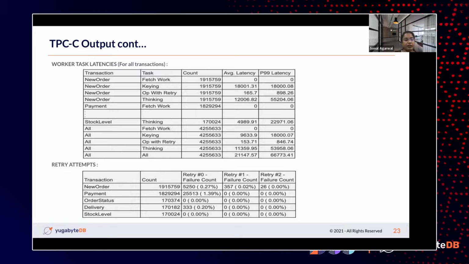So the last thing is the retry. We have seen that we display the transaction failure count and everything. We actually retry those transactions, and the number of retry attempts we have specified is 2.